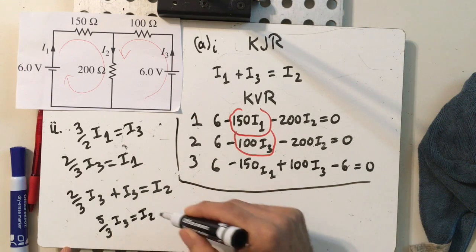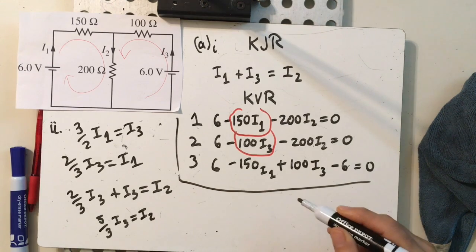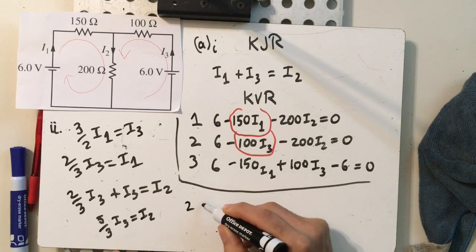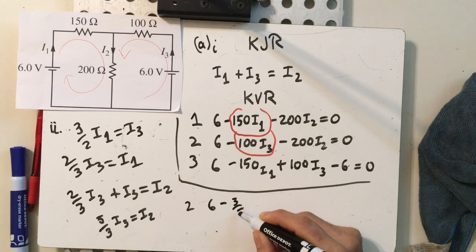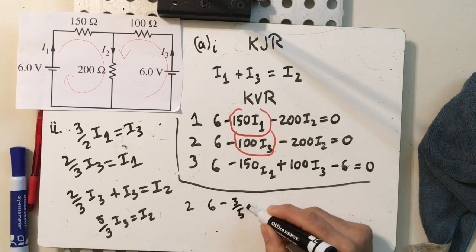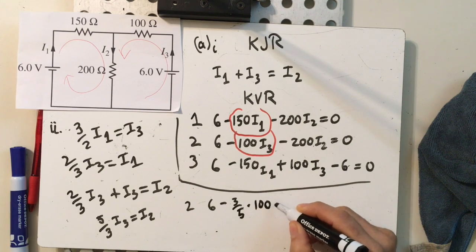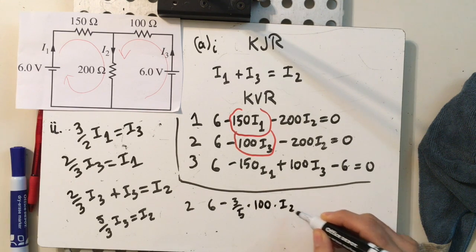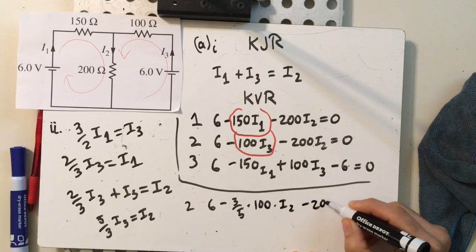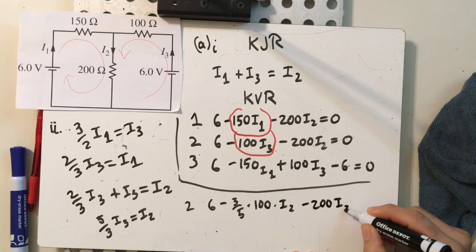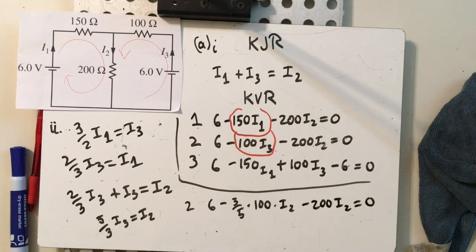Or 3/5 I2 equals I3. So equation 2, 6 minus 3/5 times 100 times I2 minus 200 I2 equals 0. So 300/5 is 60.